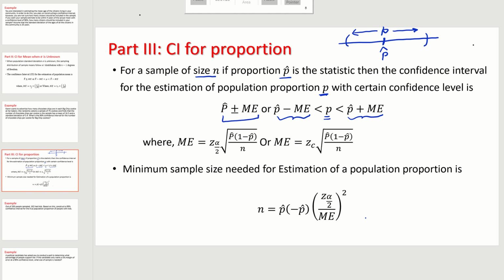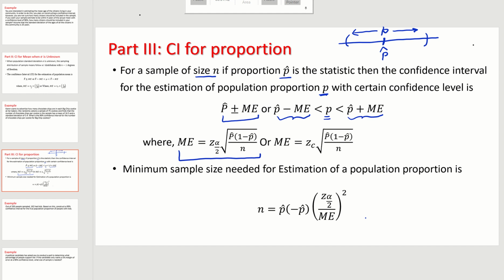And margin of error is calculated using this formula here. Margin of error is equal to z sub alpha over 2 times the square root of p hat multiplied by 1 minus p hat divided by n.